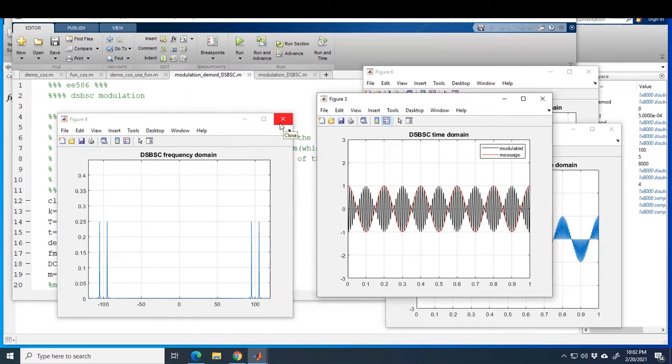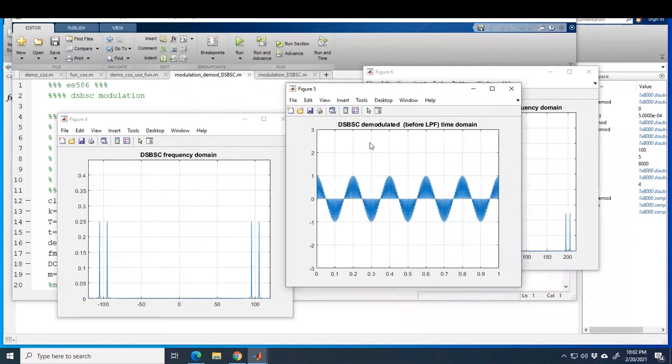Now let's look at the demodulation. In the demodulation, I multiply the modulated signal here by a time domain signal, the same cosine with the same phase, which means that the phase has been synchronized. This is what we got after the multiplier with the same carrier, before the low pass filter.